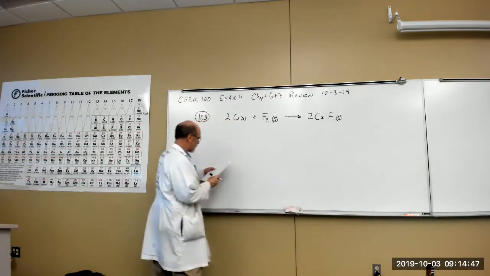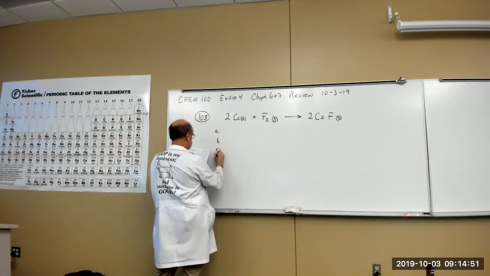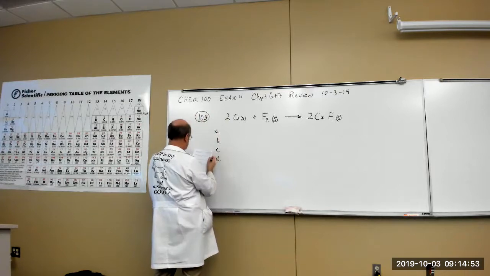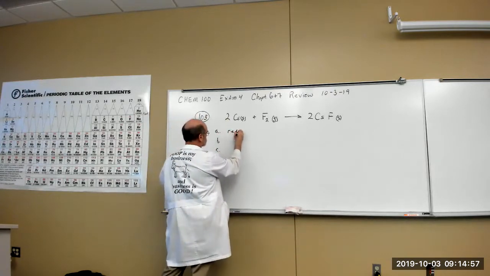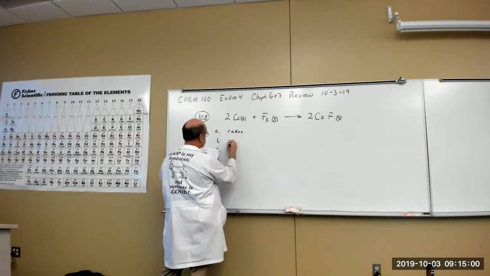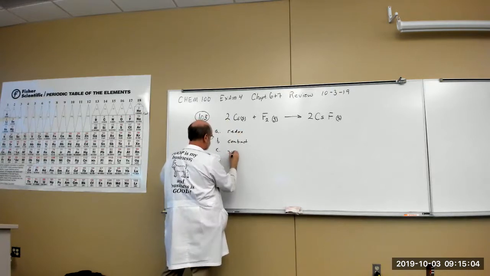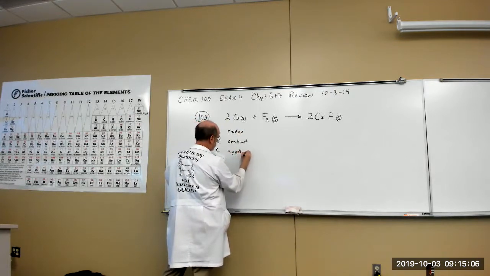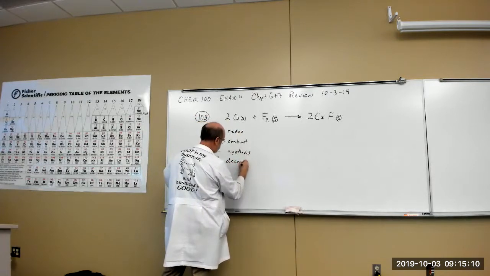All right, what type of reaction is it? Well, we have selections, just A through D. This one's redox. This one's combustion. This one's synthesis. And this one's decomposition. You're kind of losing the gas.